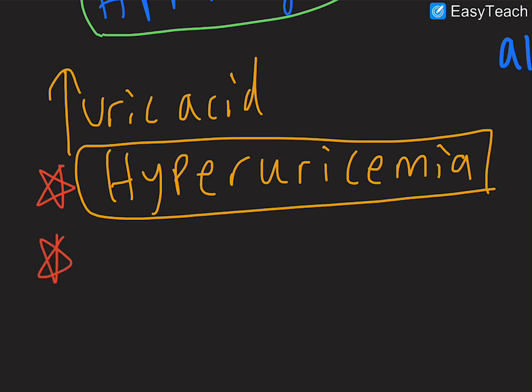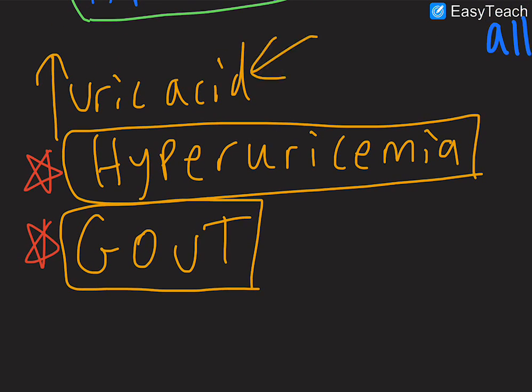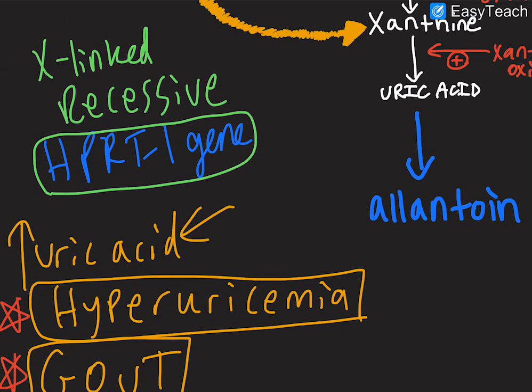So you will have an increased chance of getting gout in Lesch-Nyhan syndrome due to the increased uric acid levels. So far we have hyperuricemia and gout. Let's see what else happens in Lesch-Nyhan syndrome.